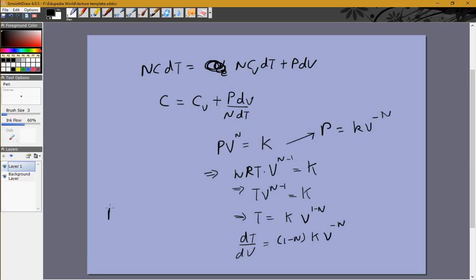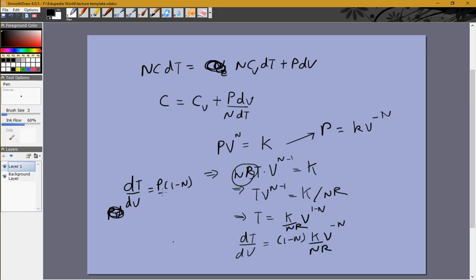So what we get is dT by dV is equal to P times 1 minus n. Hang on, I'm missing a factor of R here. Oh yeah, we forgot about nR. Right, this is by nR.